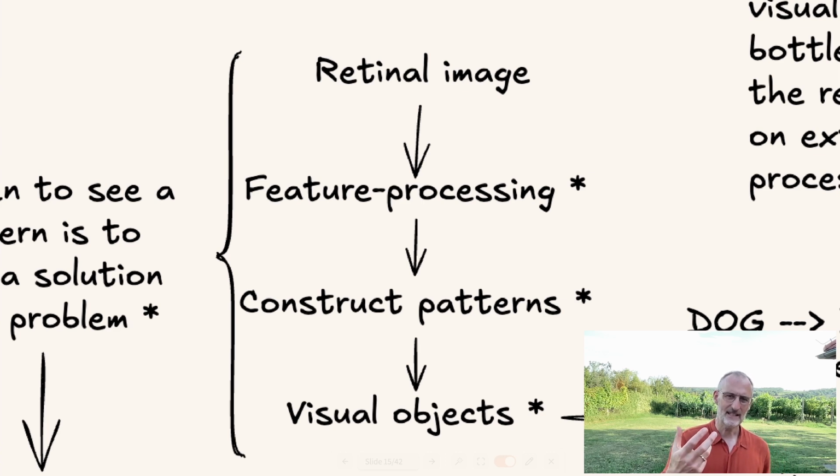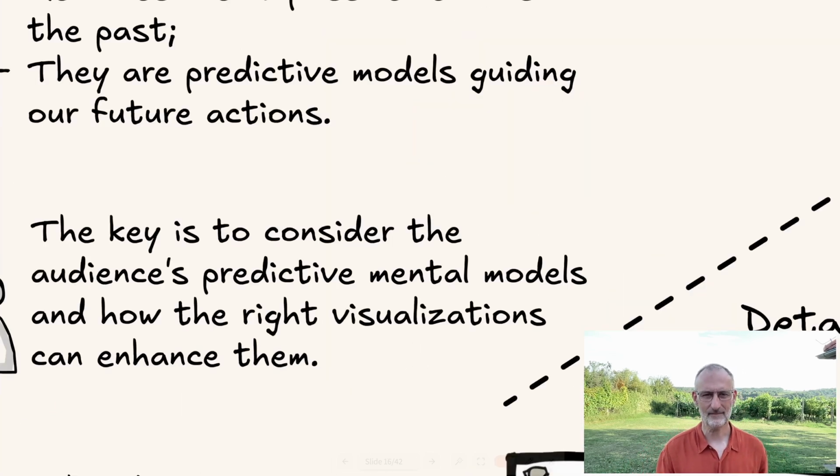Some of these elements, especially the ones at the top, for example feature processing, are much more automatic and uniform than the later ones. So if you understand what's happening at the feature processing level and the pattern construction level, you can target your visual material to the right place.